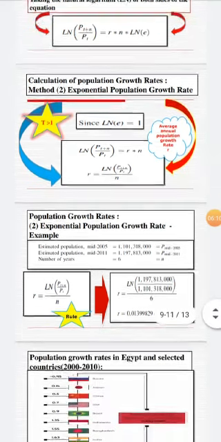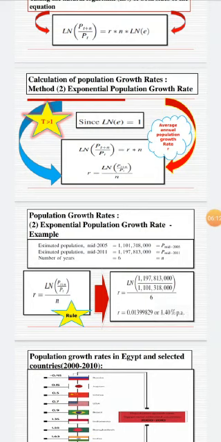Slide 6, we have an example. If the estimated population in mid 2005 equals this number, and the estimated population in mid 2011 is this number, so n equals 6, as the difference between the two periods of time is 6, which is n.